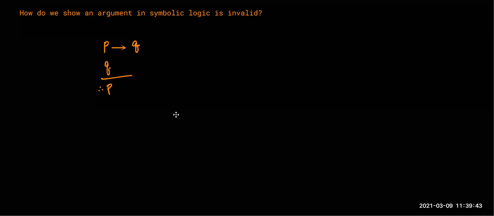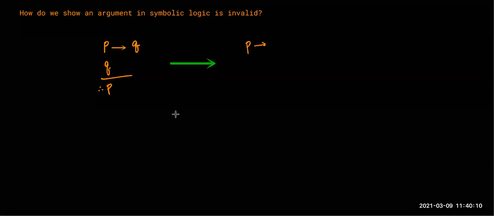So what we could do to show that this argument is invalid is to show that it is possible for the premises to be true while the conclusion is false. An easy way to do that is to translate this argument into a compound statement.